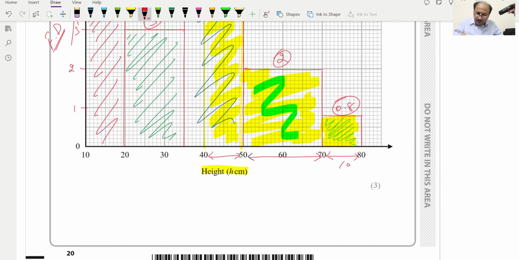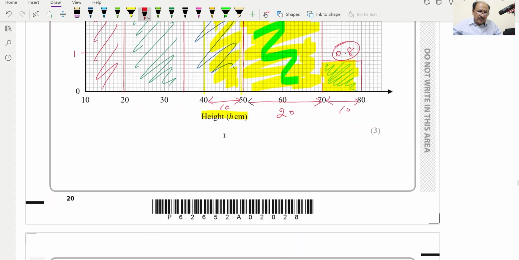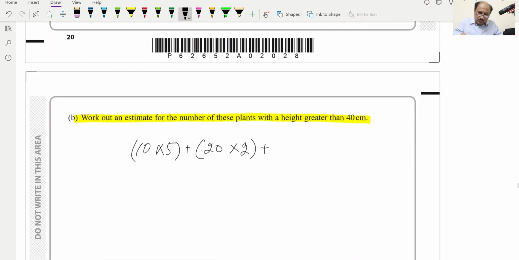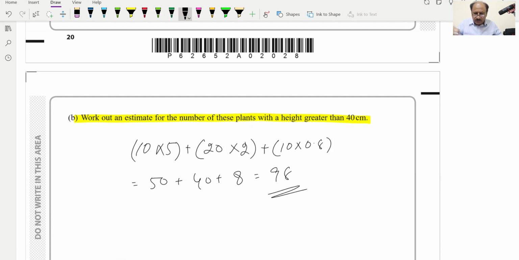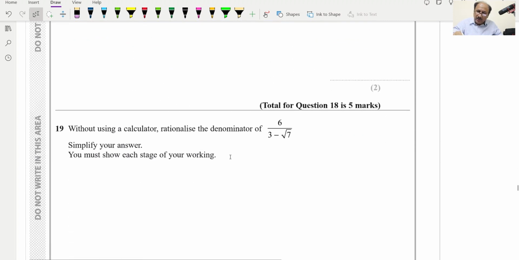So this will be 10, this will be 20, and this will be 10. And 10 multiplied by 0.8, this is equal to 50 plus 40 plus 8, which is equal to 98, and 98 will be the answer which we can write over here.